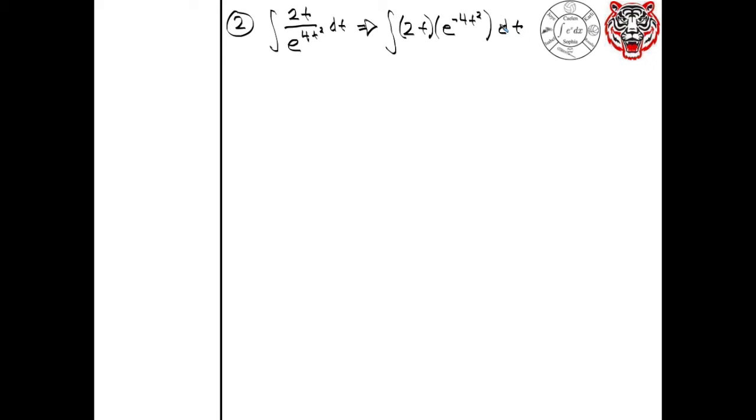If you don't understand that rule, it's technically e to the 4t squared, all of that to the negative 1, but when you do an exponent to an exponent, the exponents are multiplied through to give us our negative 1. Just in case we need some review on rules of exponents.